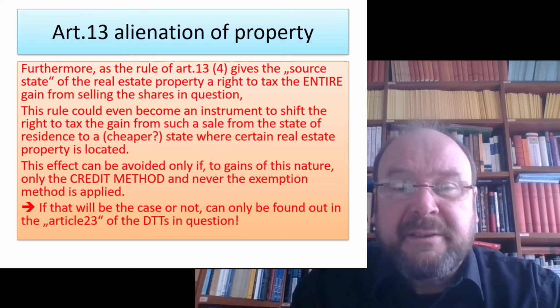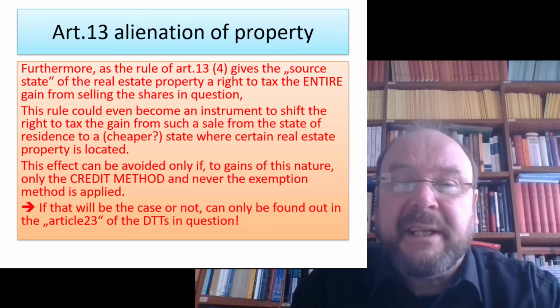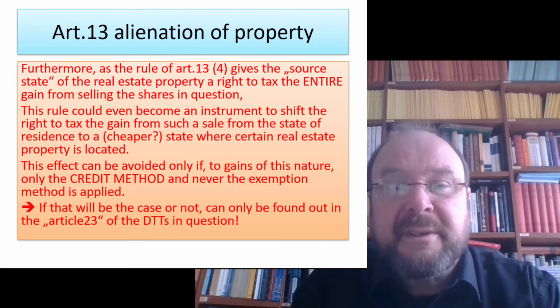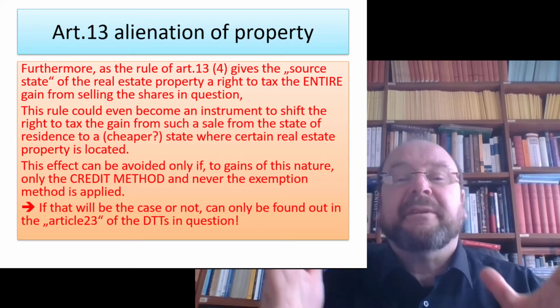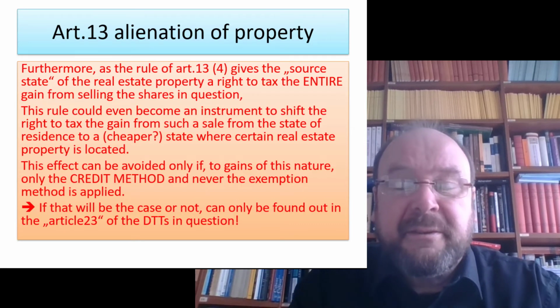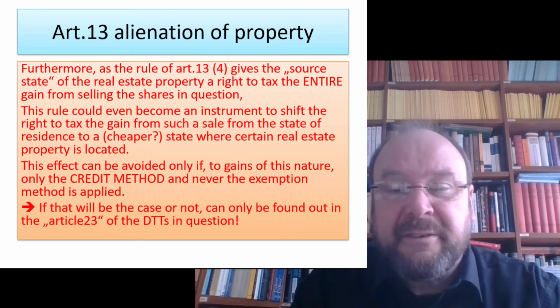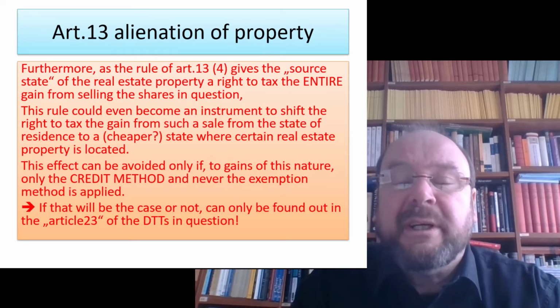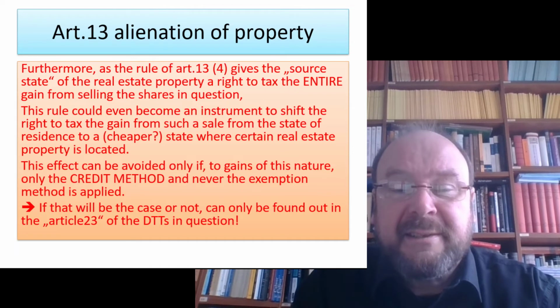Article 13.4 gives the right to tax the gain from selling the shares completely. So also for that part of the gain which refers to other assets held by the company, the right to tax the gain from selling the shares is given completely to the country where the real estate property is located.